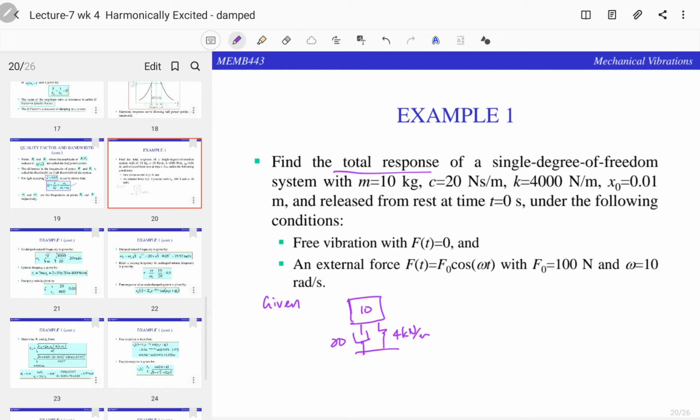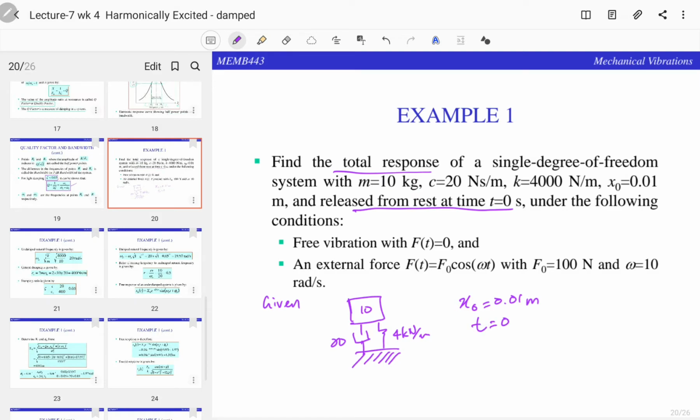They gave you x naught, which means you have an initial value that you can use to determine the amplitude, and it is released from rest at time equals 0. What that means is your V naught is 0 at t equals 0.